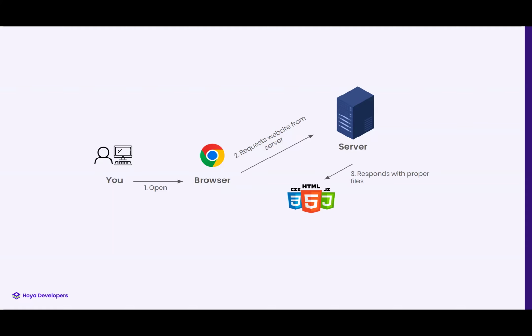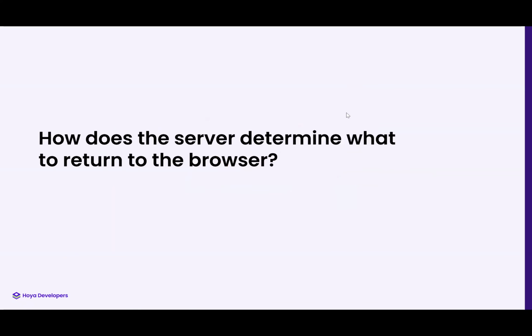You go, "Hey, can I please have Amazon's website files?" And Amazon's like, "Sure, here are the website files." Then Chrome displays those website files to you, and that's how you see a website. We call yourself, or you in this case, the client, and the server is the server.